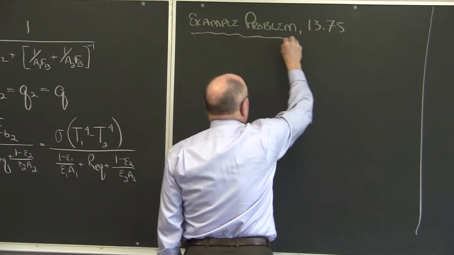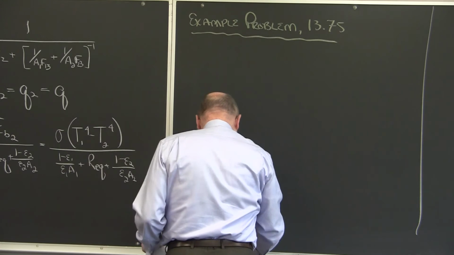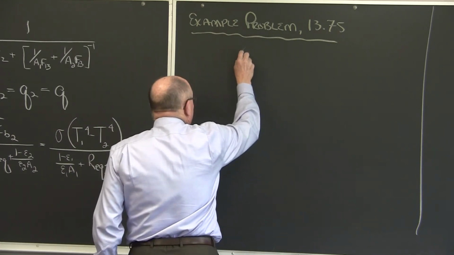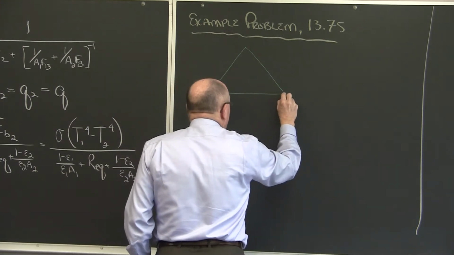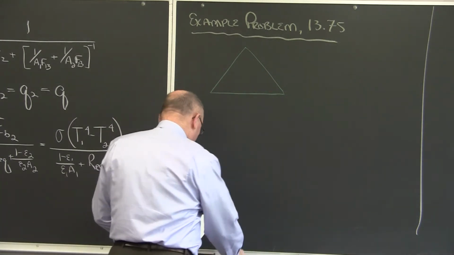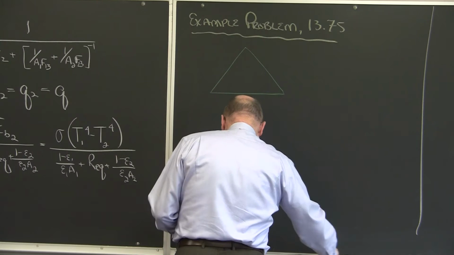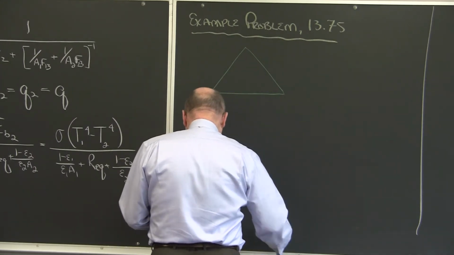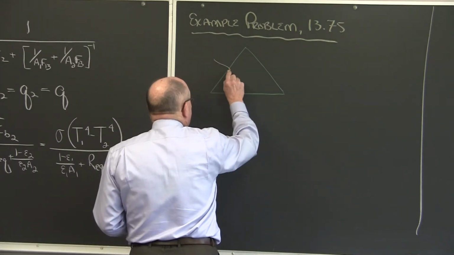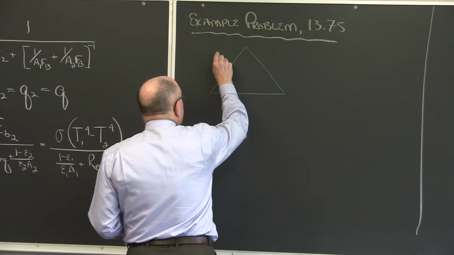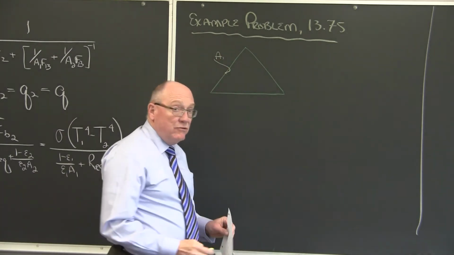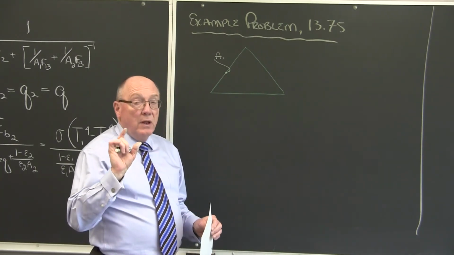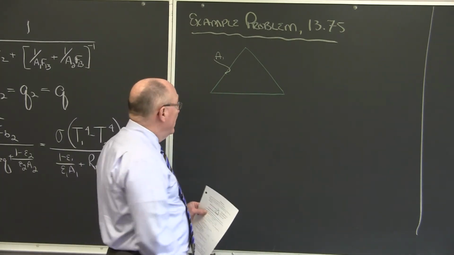So you can look at this problem in your book, and I won't write everything up here because it takes a lot of time to do it, but you can see that this is a classic triangular three-body problem where we are given some information. This is A1, and you're given a temperature of 1,000 Kelvin and an emissivity epsilon 1 of 0.33.